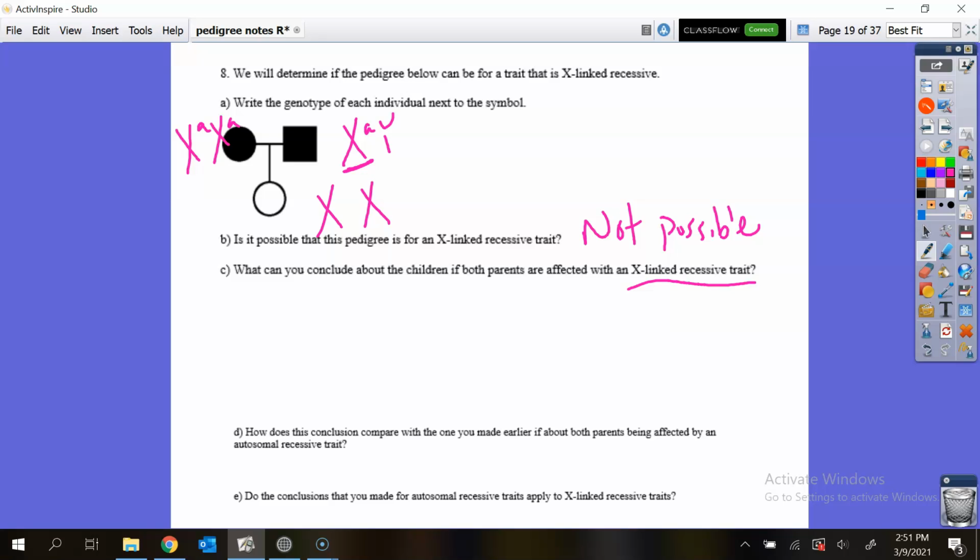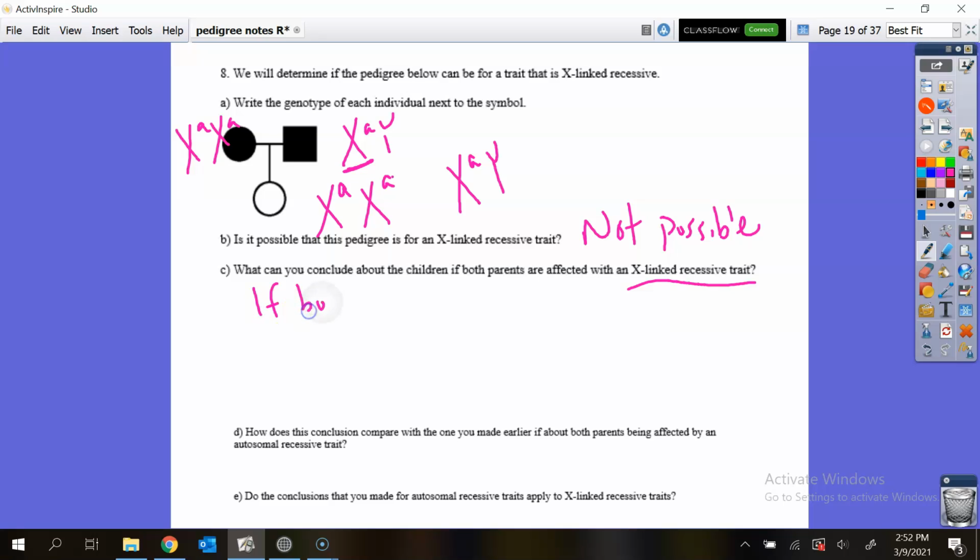If both parents are affected, then their children are all going to have it, because dad would give the little a to his daughter and mom would as well. Whereas if they had a son, mom would give this and dad would give the Y.